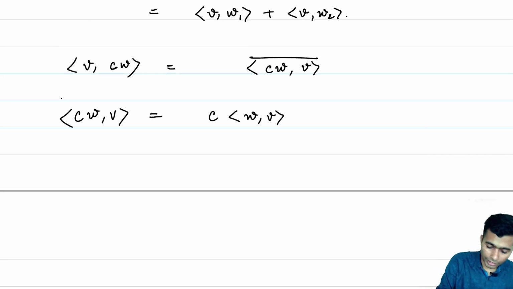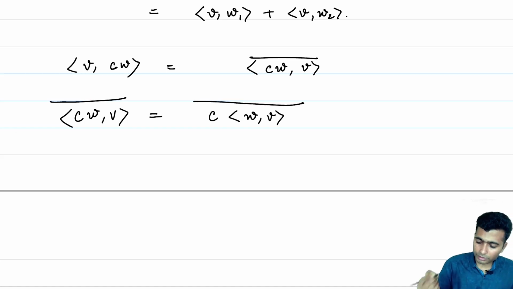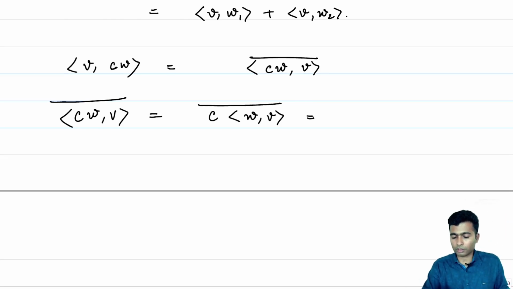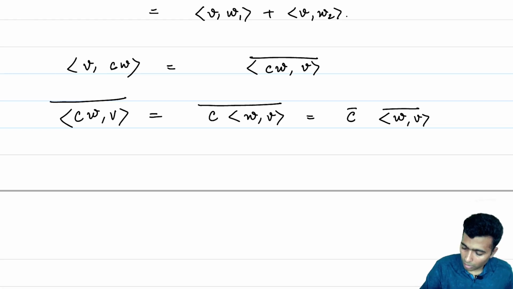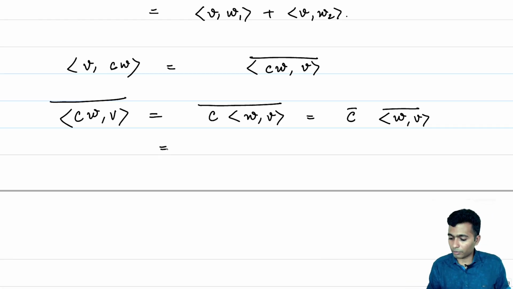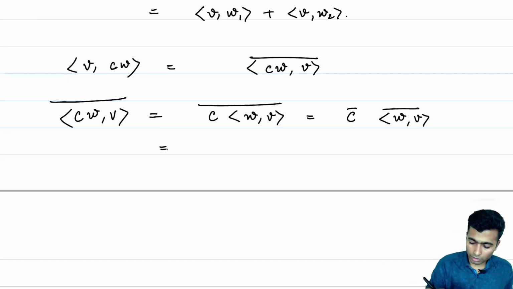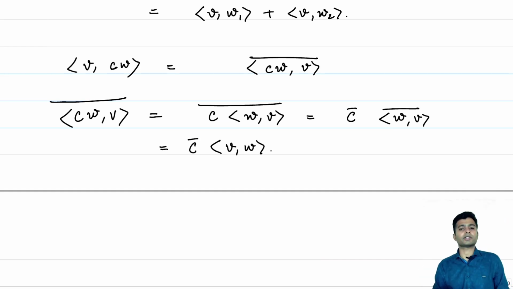And let's now take the conjugate. This conjugate is equal to this. Okay, this line is not straight. Let me try it again. The conjugate of the product of two complex numbers is the product of the conjugates. So this is going to be c bar times the conjugate of ⟨w, v⟩. But what is the value of the conjugate of the inner product of w comma v? It is nothing but the inner product of v comma w, and that's what we had set out to prove.